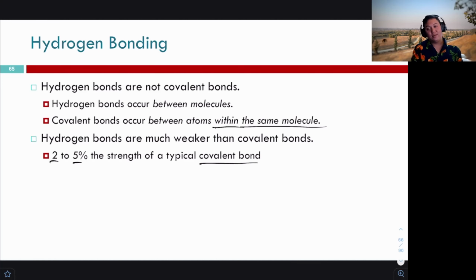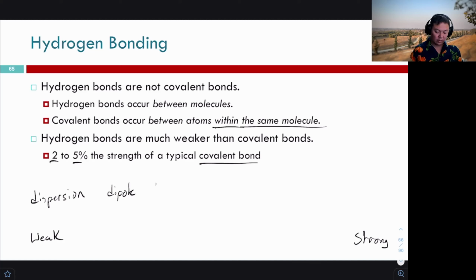But, so let me do this actually. So we've got our dispersion force. Dispersion, so if we're talking strength here, this is weak, this is strong. We have dispersion force, then we have dipole, then we have hydrogen.